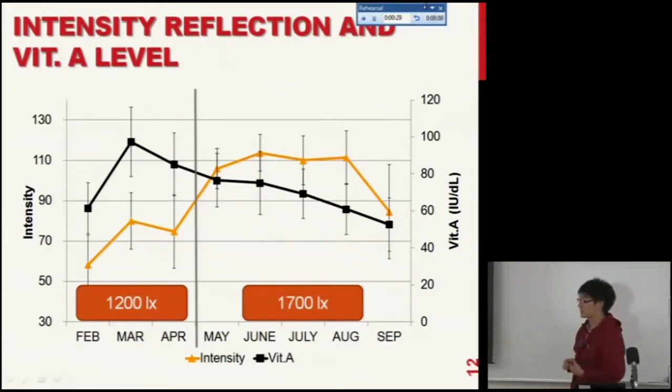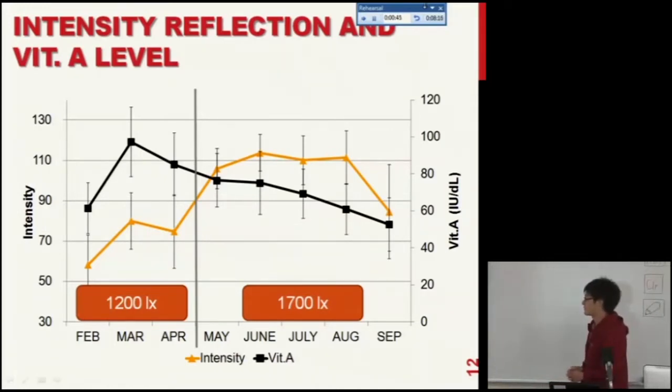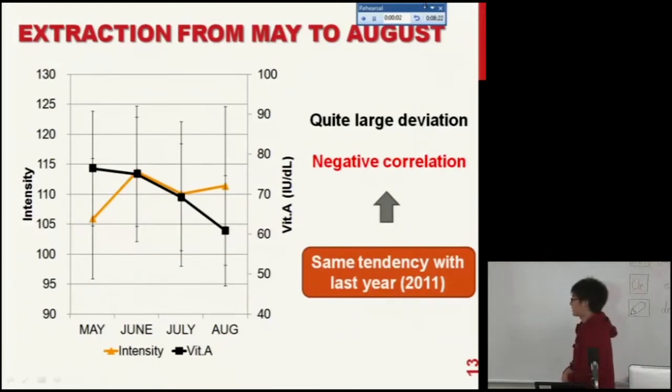When the intensity of the light source increases, of course the intensity of the reflection increases. So this result is not correct. So I removed the result from February to April.